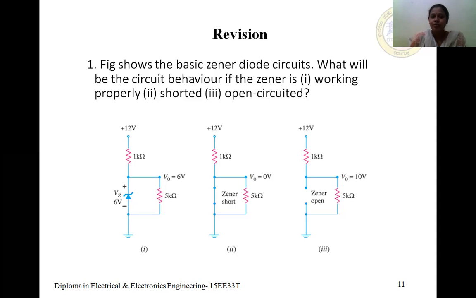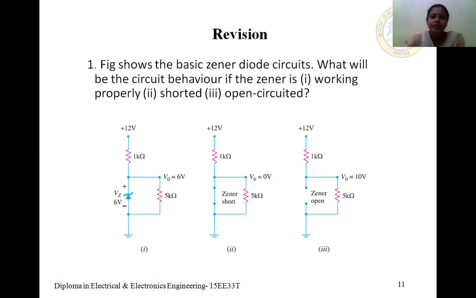In the first circuit, the input voltage given is plus 12 volts, the series resistance is 1K, the Zener voltage is 6 volts, and the output resistor is 5K. So when the Zener is working properly as a voltage regulator, the output voltage across the 5K ohm resistor will be 6 volts.